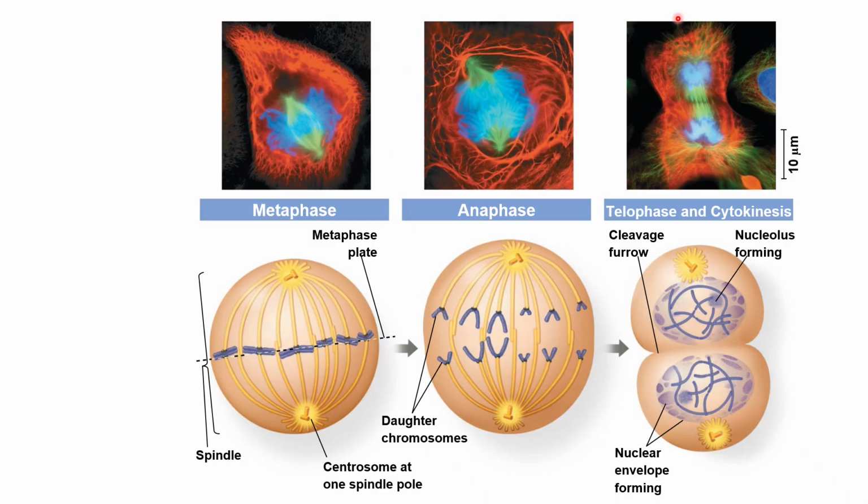Okay. So up next is anaphase. And anaphase is where we are starting to have these mitotic spindles, and again, they're attached to the centromeres, and now they're beginning to shorten. So as these shorten, it's going to pull these sister chromatids away from each other and towards each of the poles.